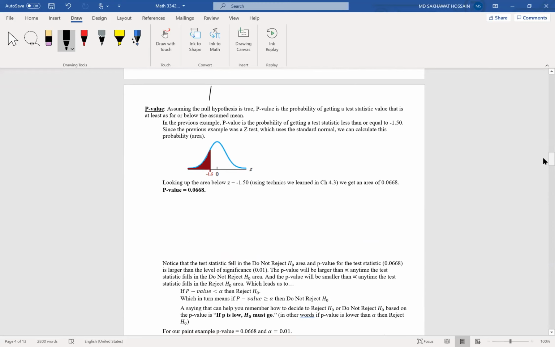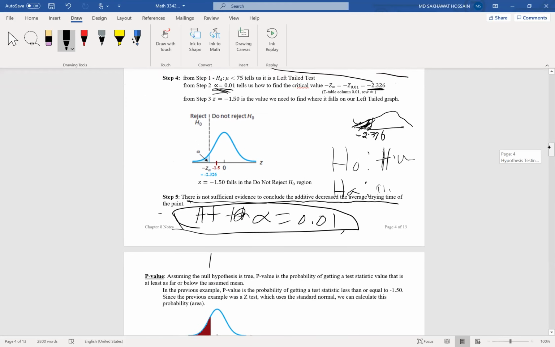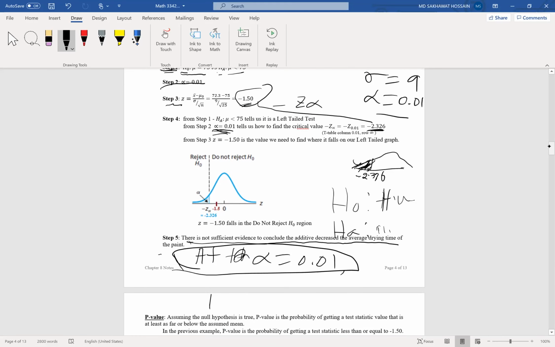For the example we discussed in the last class, the test statistic was negative 1.50, and it was a one tail test, a lower tail test.